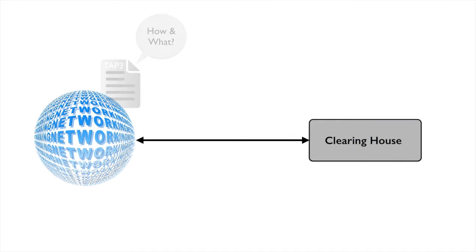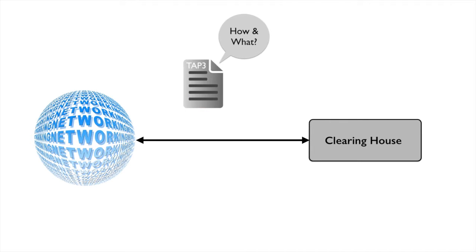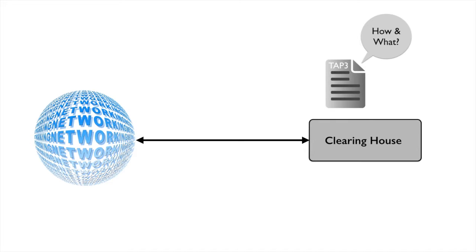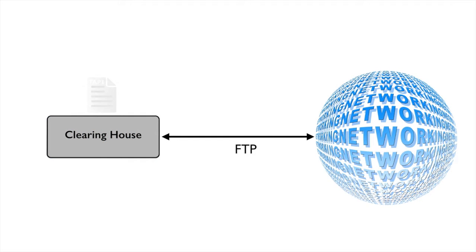TAP 3 defines how and what information on roamed usage must be passed between network operators. These files are exchanged using a simple FTP connection. A returned accounts procedure defines the format for returning information on errors found within transferred TAP files and thereby rejecting financial liability for those files. The files transferred are termed wrap files.